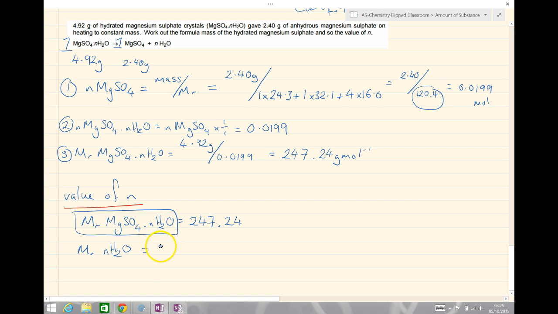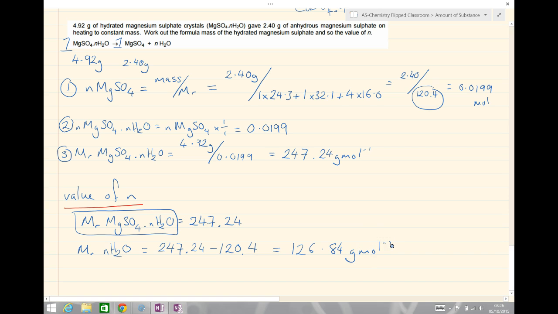So that is going to be 247.24, take away the anhydrous magnesium sulfate, 120.4, and we end up with a value for the Mr of the water equal to 126.84 grams per mole.